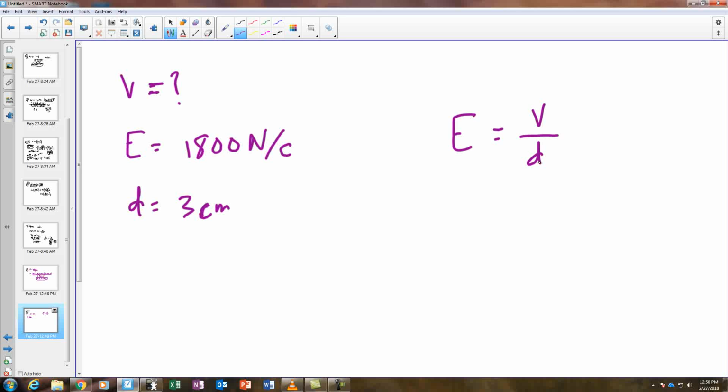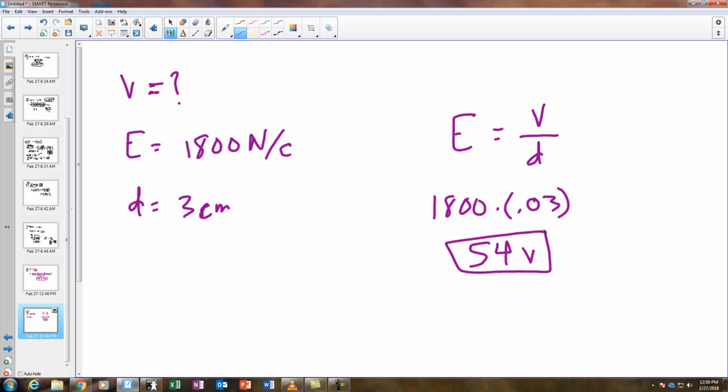Well, I want to create a V, so this is going to be E times D. So this is going to be 1800 times my distance. If I multiply that D over, the distance is 0.03 to make it into the meters. That turns out to be a straight 54 volts. Okay, so we need a 54 volt voltage source in order to create that from a 3 centimeter gap.